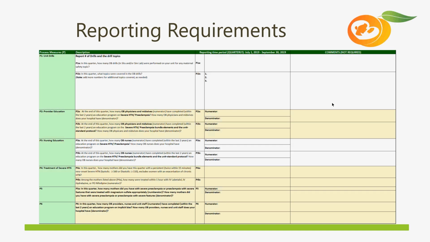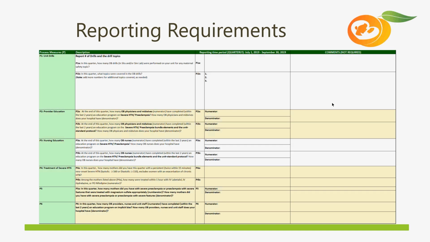This is a more defined look at some of the slides we put up earlier with our process and structure measures. Beginning now for the first quarter, throughout the month of October, we're going to ask you to collect your measures for all of these, except for P4 and P5 this first quarter.